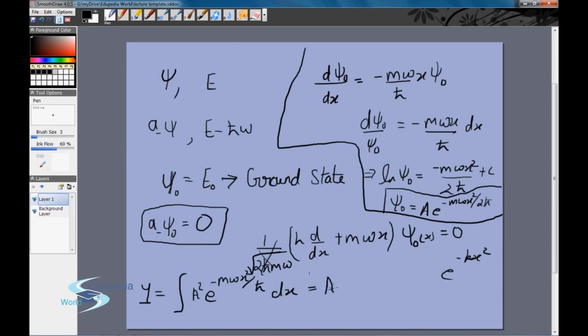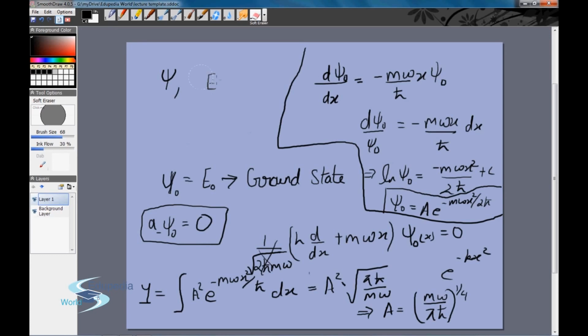So that will be A² times root of πħ/mω. If you don't know, this is a standard Gaussian integral. You learn it in your mathematics class soon. And what that tells me is A is equal to the fourth root of mω/πħ, 1 by 4.